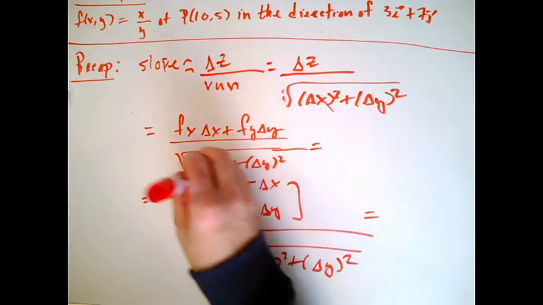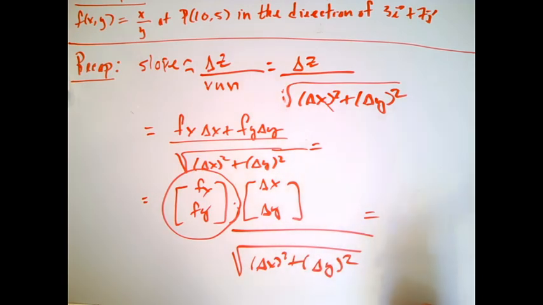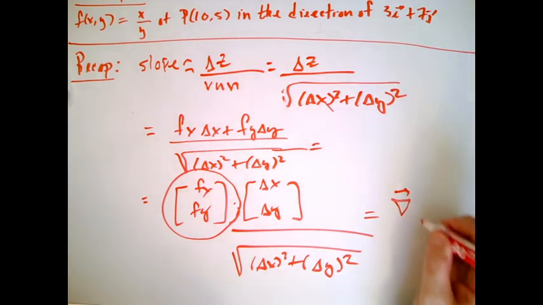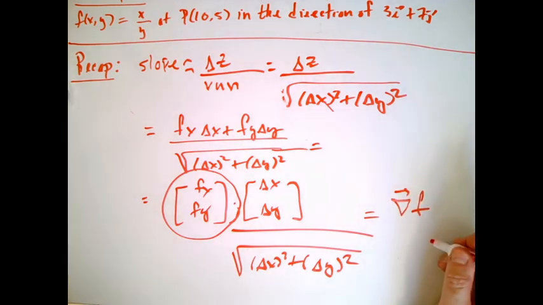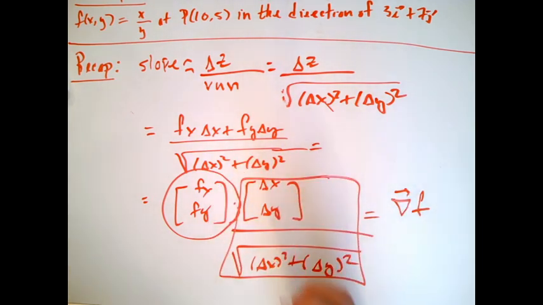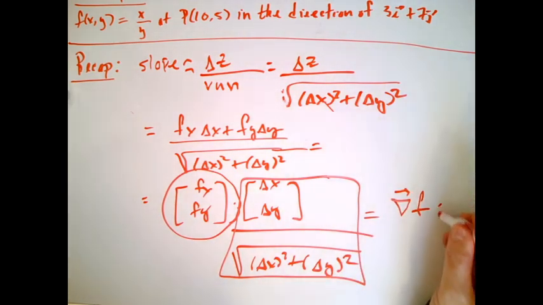This vector right here, the vector that we get just by taking the partial derivatives and lining them up in a vector, is called the gradient vector. The notation for that looks like an upside down delta, then f. What is the other vector? Well, we know that (delta x, delta y) was the vector that chopped from one point to the next. But we're dividing by its length. So what we're getting is a vector that's pointing the right direction but has unit length.